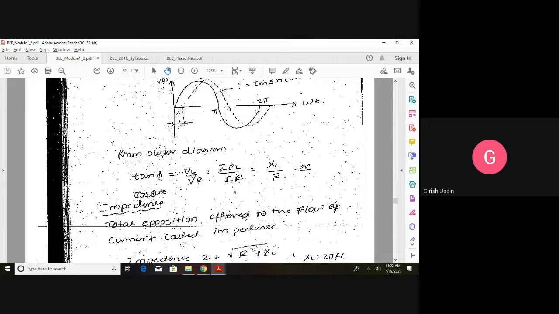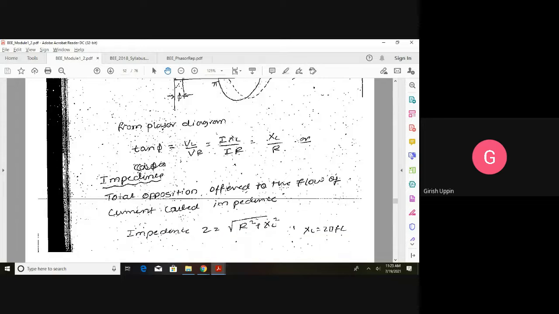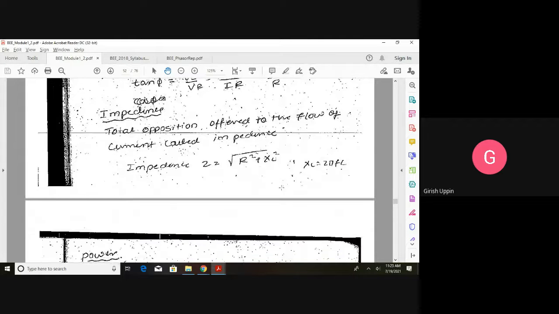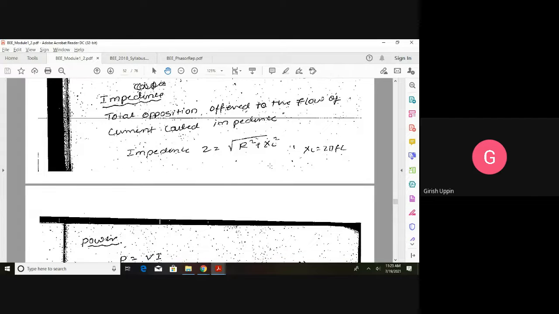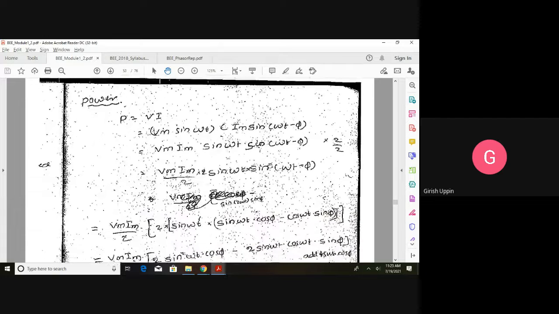I into XL, VR is I into R. I will get cancelled, XL by R. So how do we find the phase angle? Tan phi is equal to VL by VR or XL by R. And impedance is the opposition offered to the flow of the current by the RL circuit, and it is given as Z is equal to square root of R square plus XL square. And what would be the power?